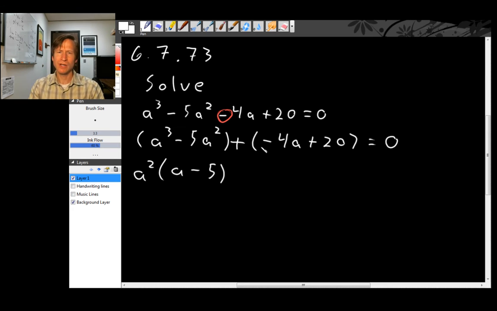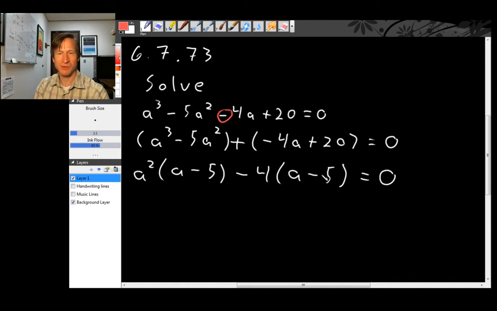And also, when you're factoring by grouping, if there's a leading term in one of the groups that has a minus sign, you'll want to factor out that negative as well. So let's factor minus 4 out of this second group. So it's going to be like this. And the remaining stuff is a minus 5. And careful, it's minus here, not plus. Equals 0. Okay.